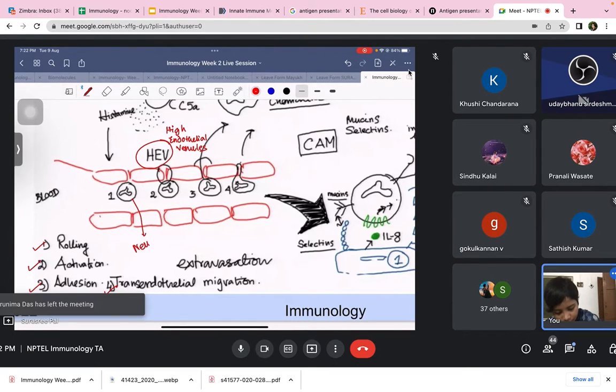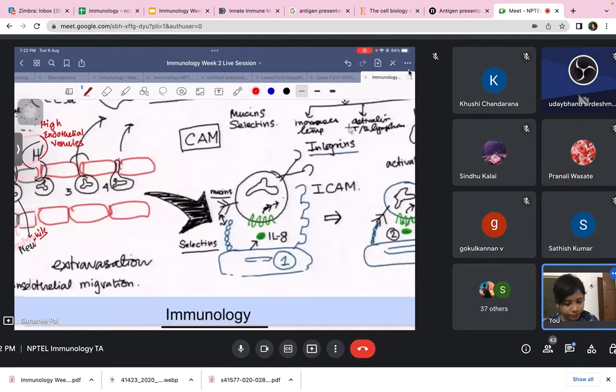and these are the neutrophils which are present inside the blood vessel, right? Now what happens if the neutrophil has to surpass this barrier? The first step which occurs is rolling. So neutrophils actually roll along the surface of the high endothelial venule, like that. How does this rolling take place?